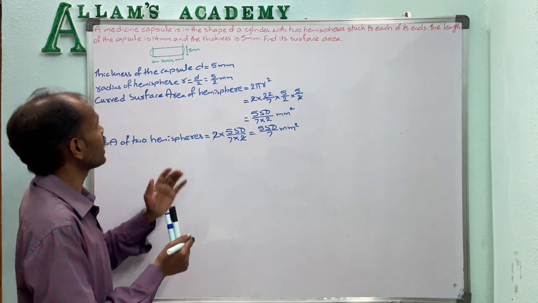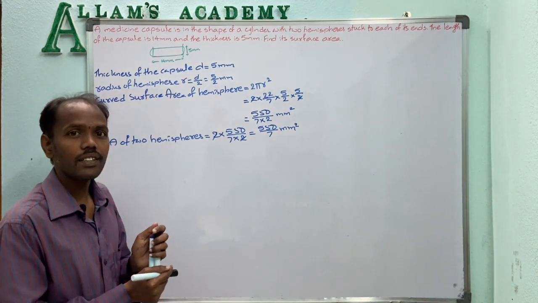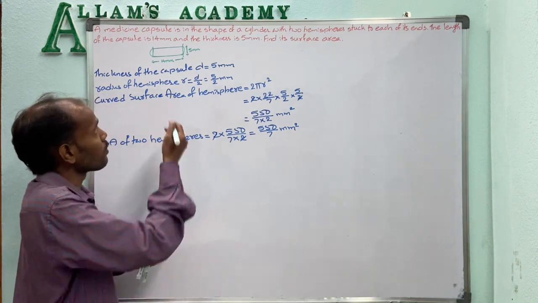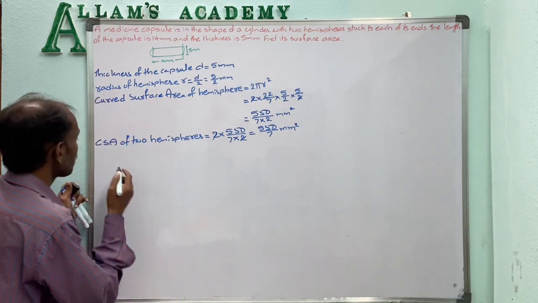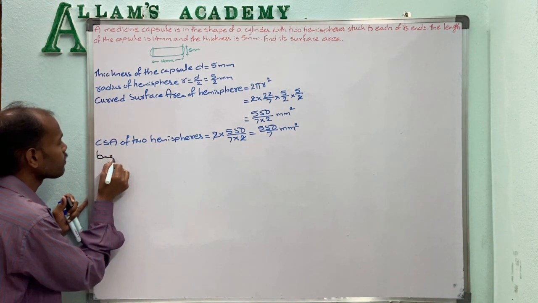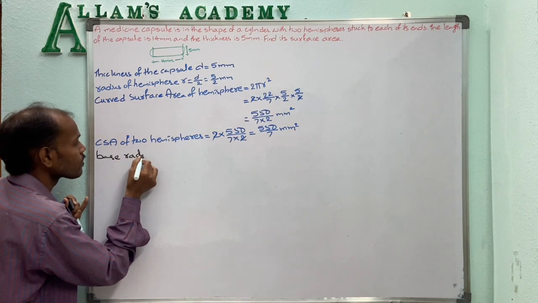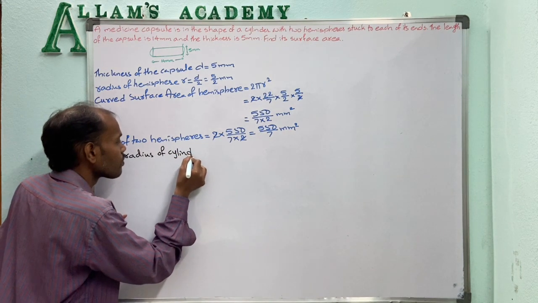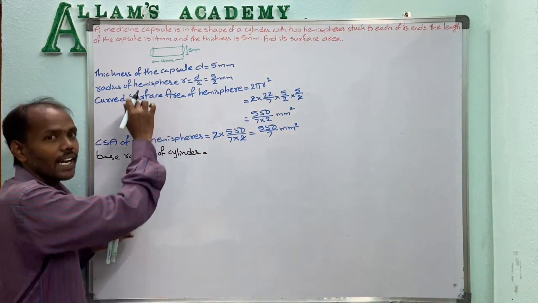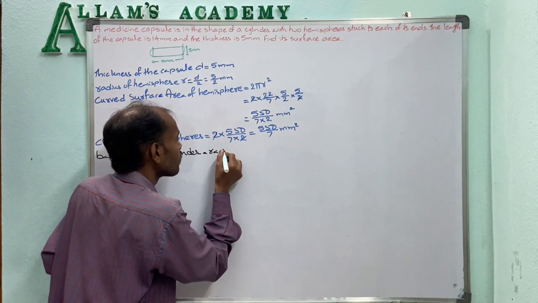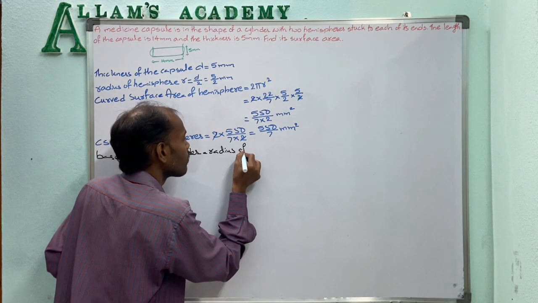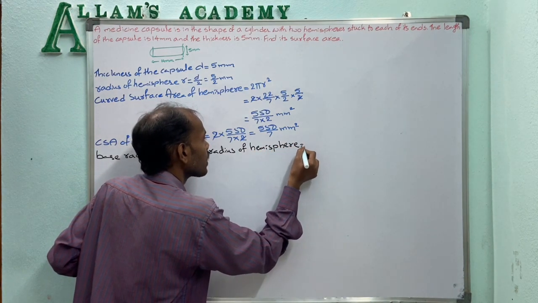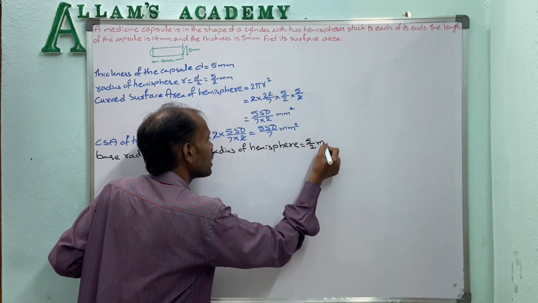Now for finding the curved surface area of the cylinder, we have to find the length, that is nothing but height, and the base radius of the cylinder. So the base radius of the cylinder is nothing but the radius of the hemisphere, that is equal to 5 by 2 millimeters.